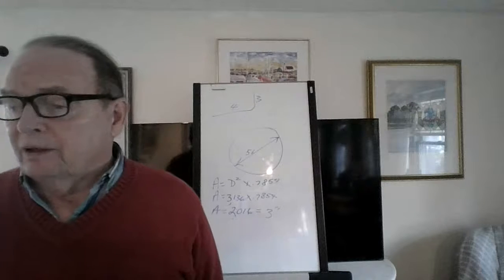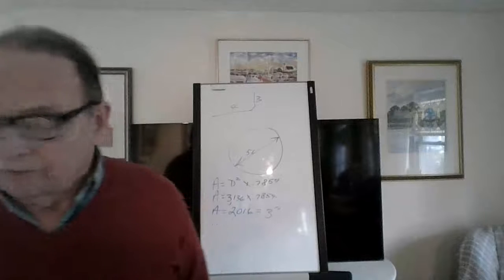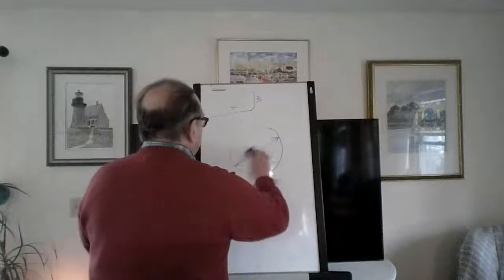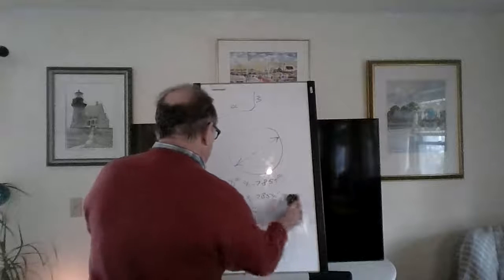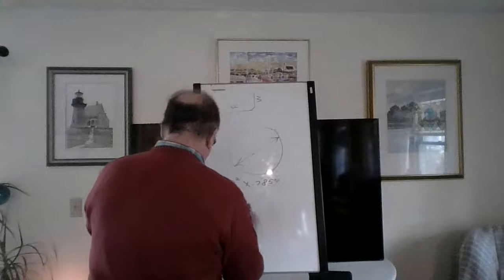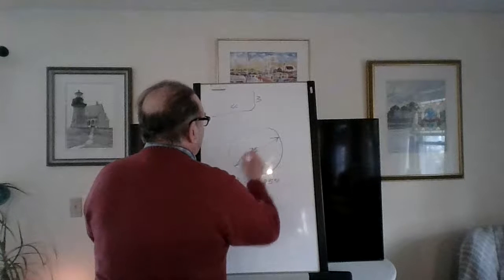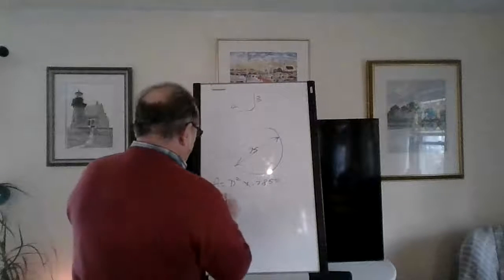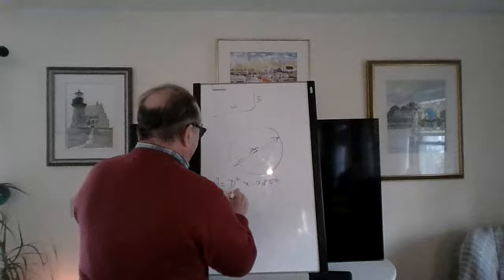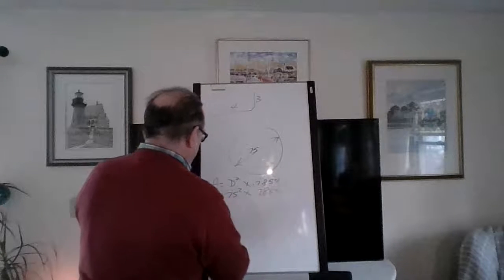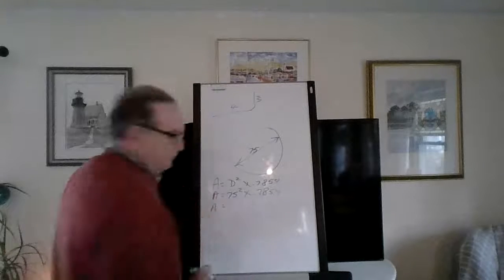All right, so we're looking at 75-foot roof. So let's get rid of this. And this here. All right, let's do this one quick. So this is 75. A little bigger building. All right, so A equals 75 squared times 0.7854.